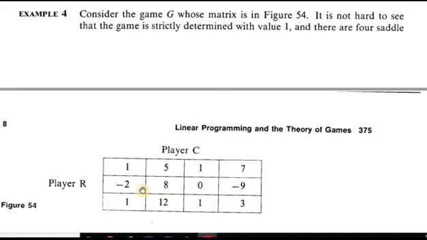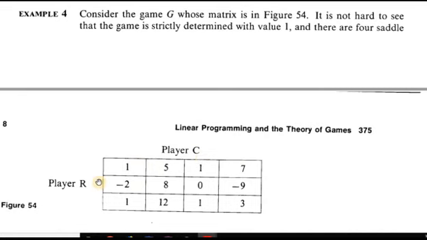On the other hand, for the columns, the maximum loss here is 1. Maximum loss here is 12. Maximum loss here is 1. Maximum loss here is 7. So player C has columns 1 and 3.